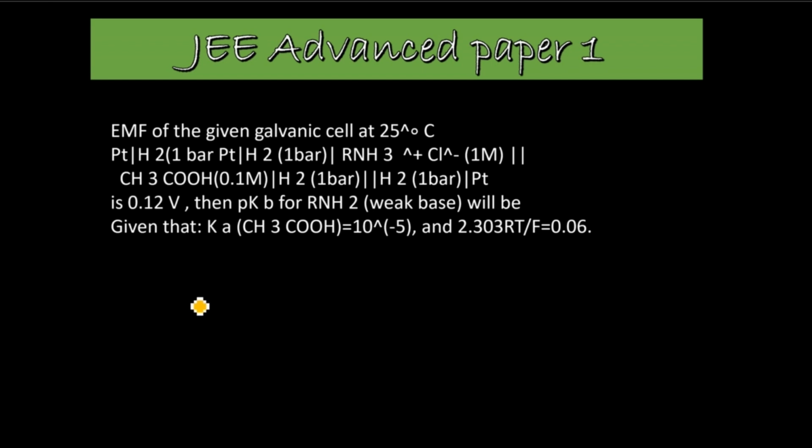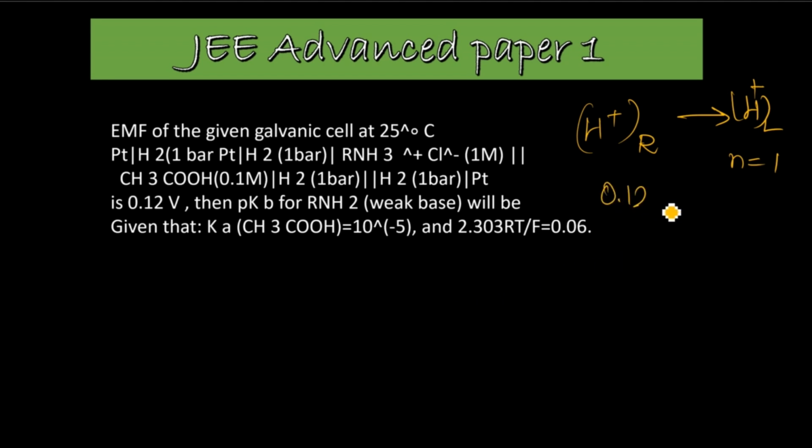Okay, so what is the change happening over here? So H plus of the right hand side, I'm taking H plus of the left hand side, where n is equal to 1, correct? So in that case, I'm substituting the values in the formula. I'm getting 0.12, that is given, is equal to 0.06 divided by 1.